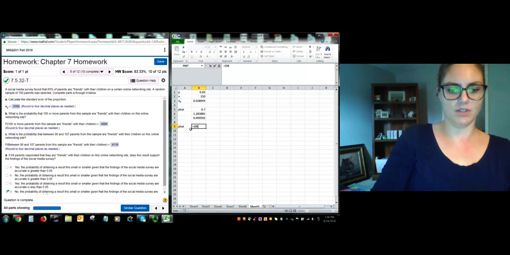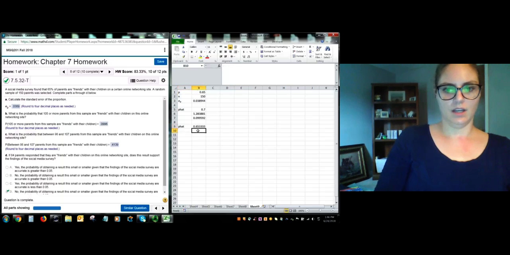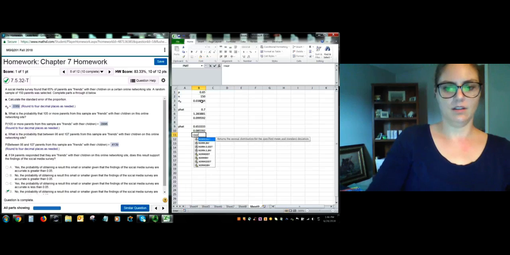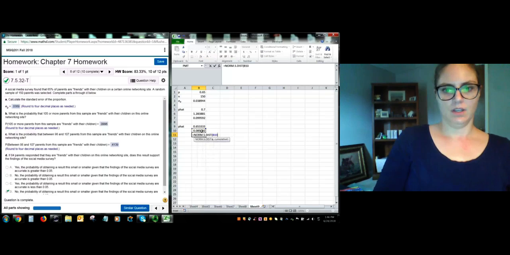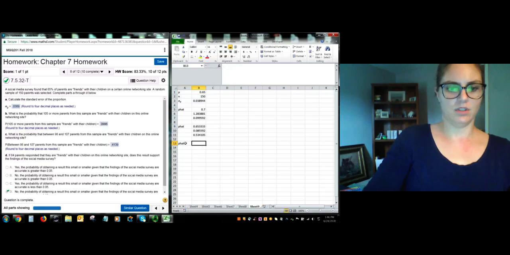Well, let's find the z actually while we're just in it. 98 divided by 150, and the z, this minus this divided by this, and let's do it all. Okay, now let's do p hat 2, which is going to be equal to 107 out of 150.